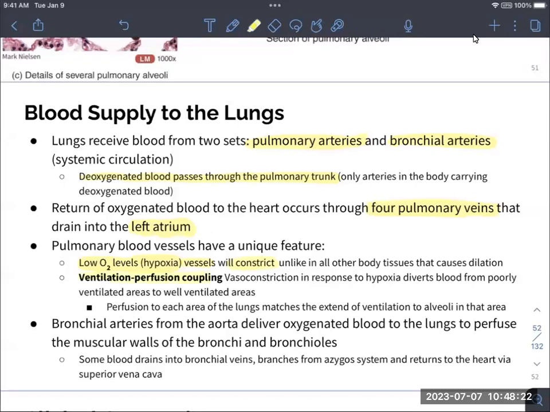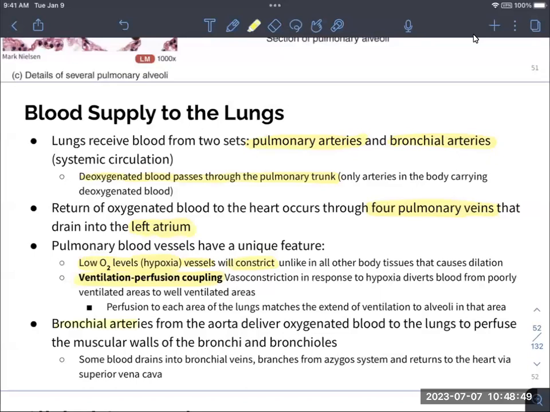Ventilation perfusion coupling. So constriction of these vessels in response to low oxygen levels causes blood to go from poorly ventilated areas to well ventilated areas to allow this gas exchange, this blood to pick up as much oxygen as it can.